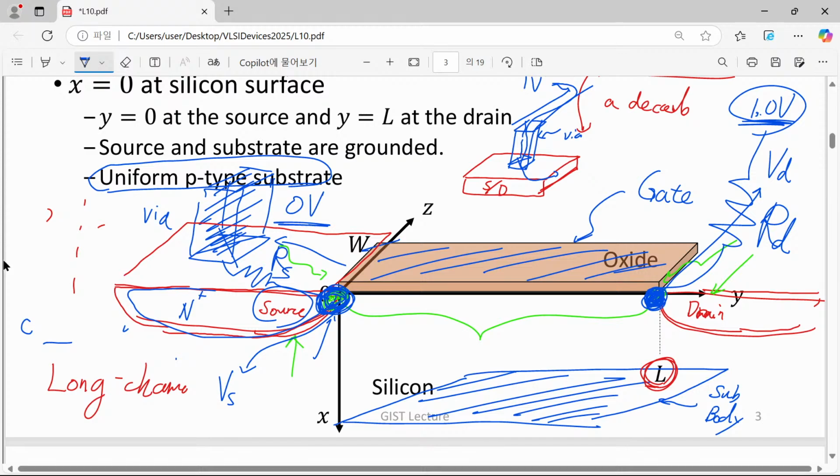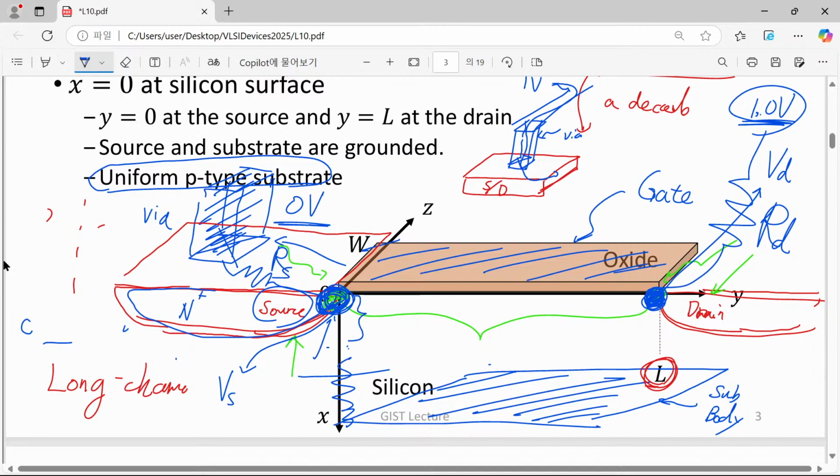And you know that the only important thing for our purpose is not the variation of doping profile in the deep substrate. That doesn't make any sense. The only important doping profile to us is nearby, just nearby the depletion region and inside the depletion region.